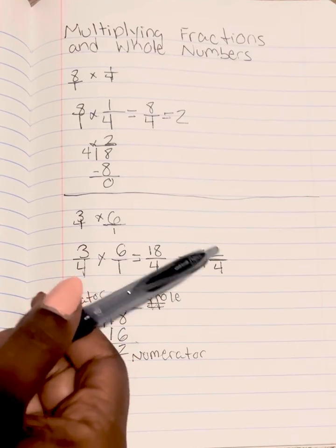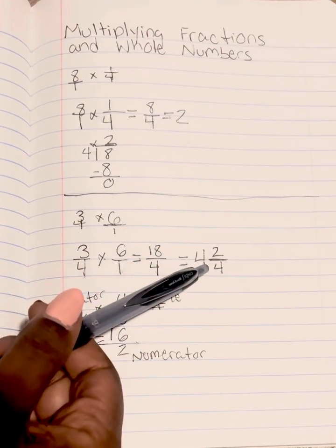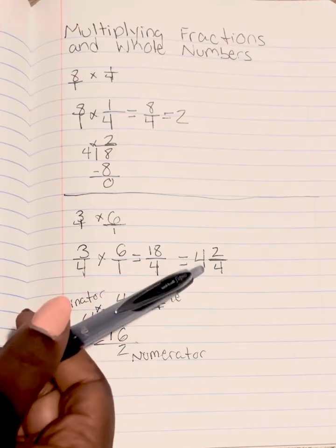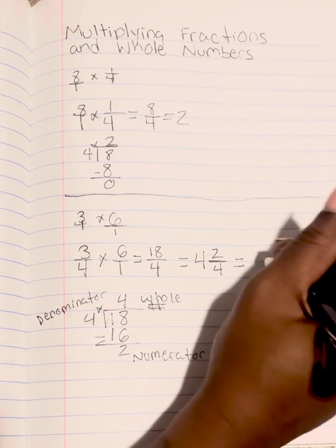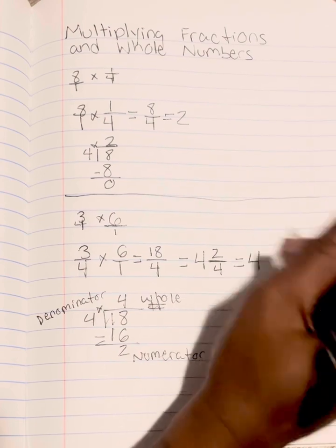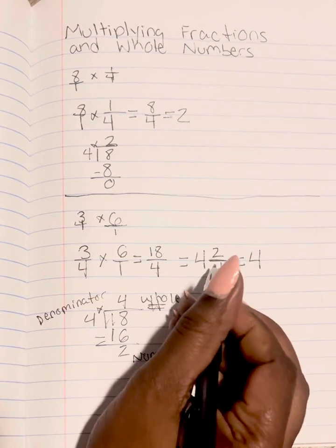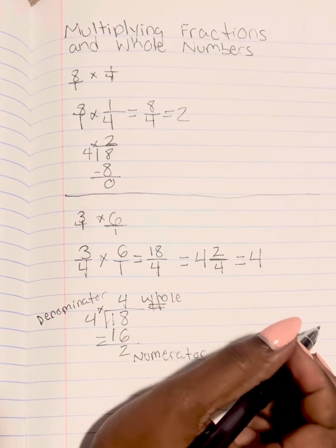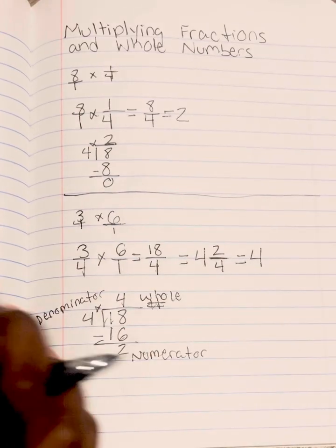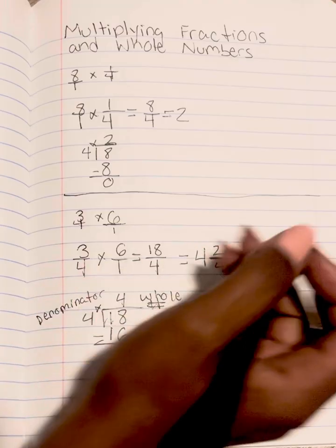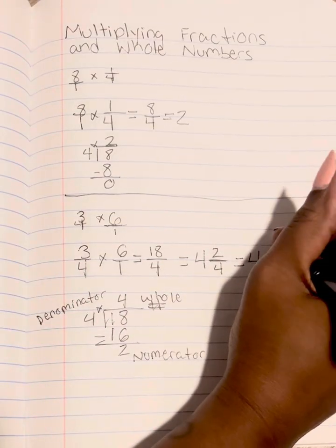That still would not be my answer though, because I can simplify the fraction. My whole number would remain the same, 4, but 2/4 would become 1/2. If you have any questions about how to simplify a fraction, I do have a video on simplifying fractions that can help you out.